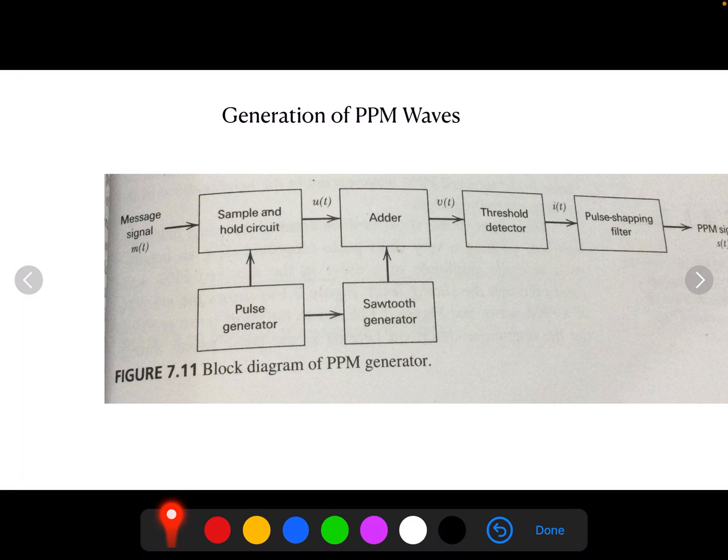We'll see the diagrams in the next slide.